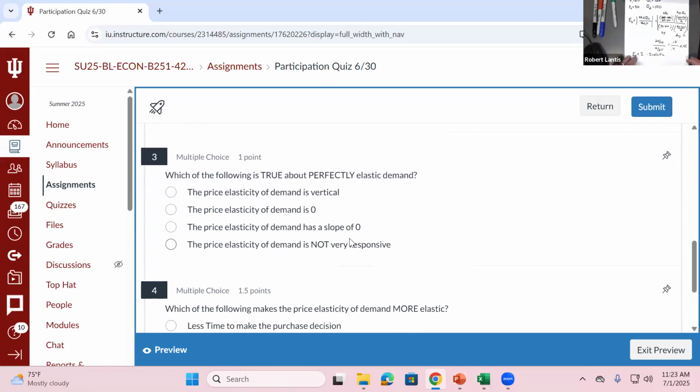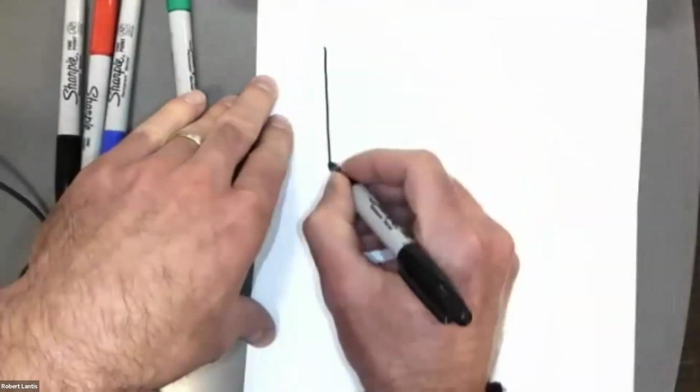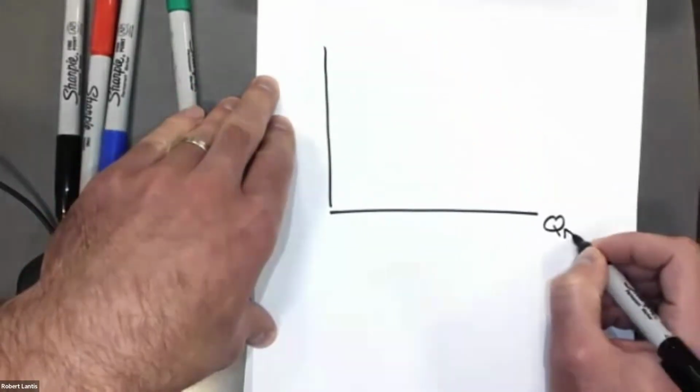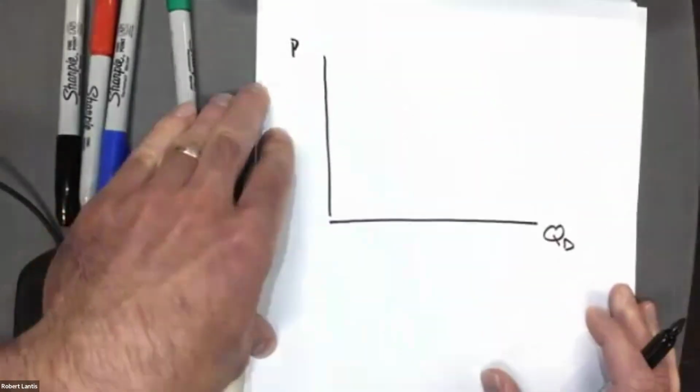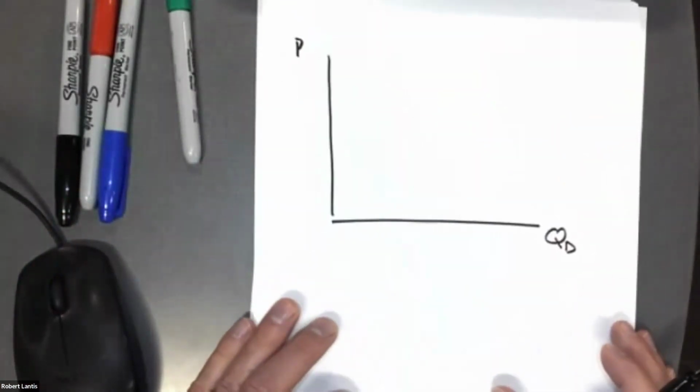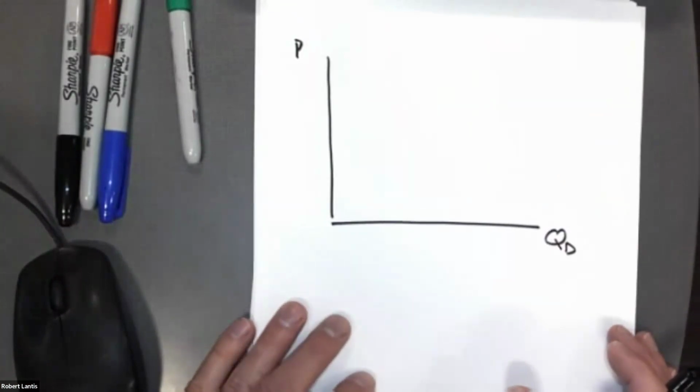Which of the following is true about our perfectly elastic demand curve? This is where reminding ourselves of the extremes will help in some of the stuff we're going to do today. If I have perfectly elastic demand, that means people are very responsive to price changes.